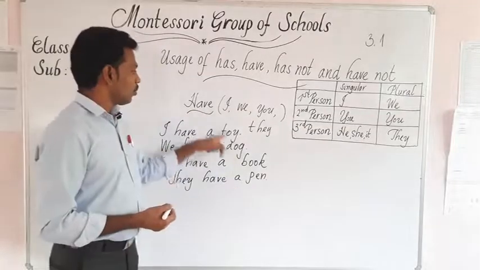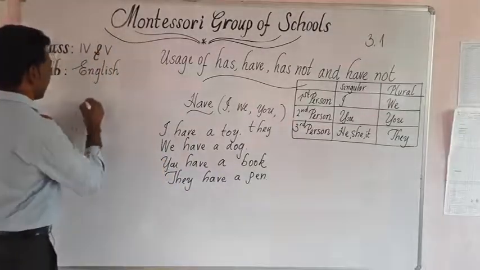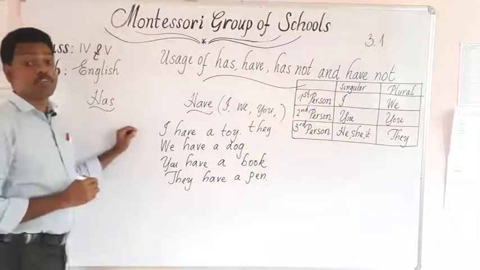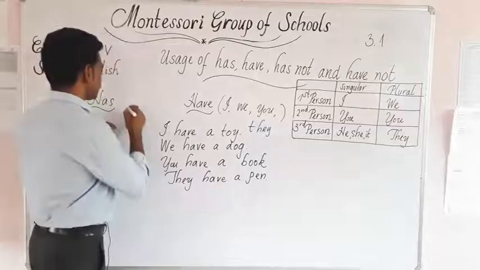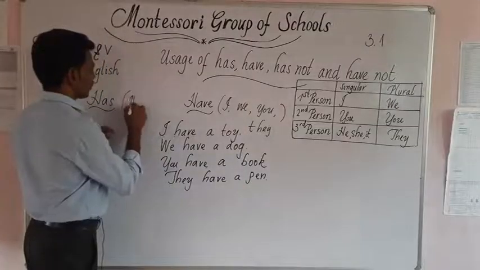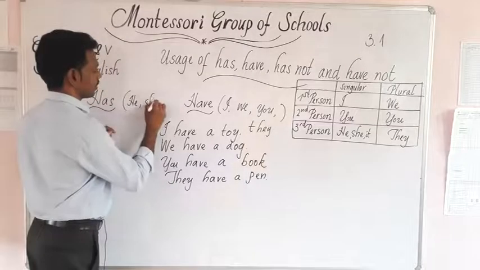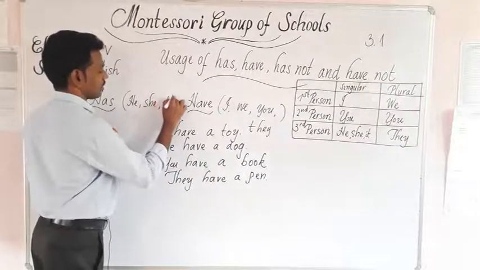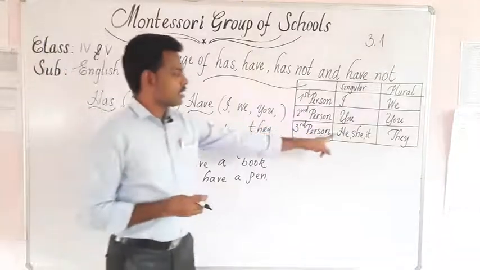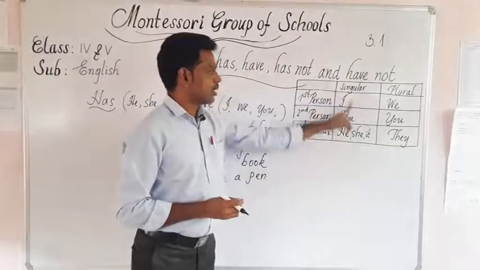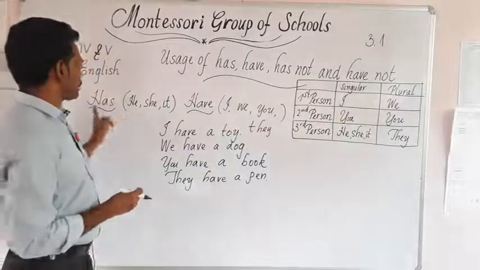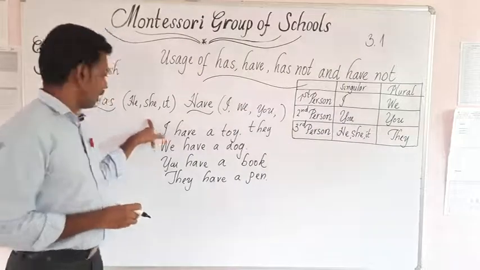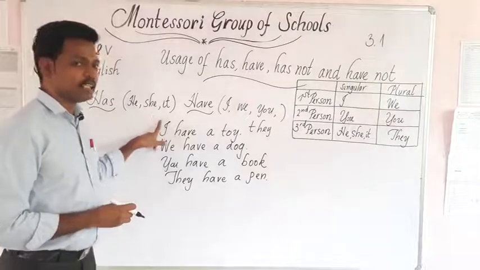Okay, now let us think about using has. Has will be used only with he, she, it. That means he, she, it. Third person singular. So we use has only with third person singular. What are they? He, she, it.